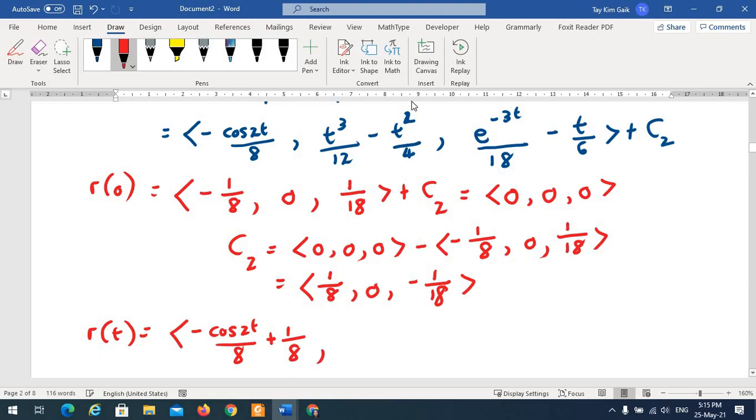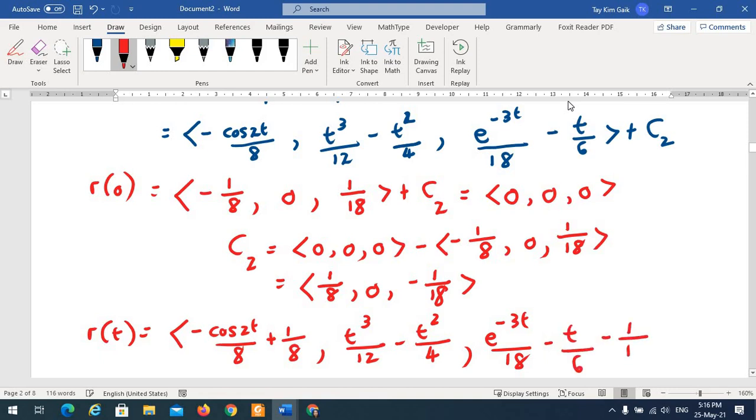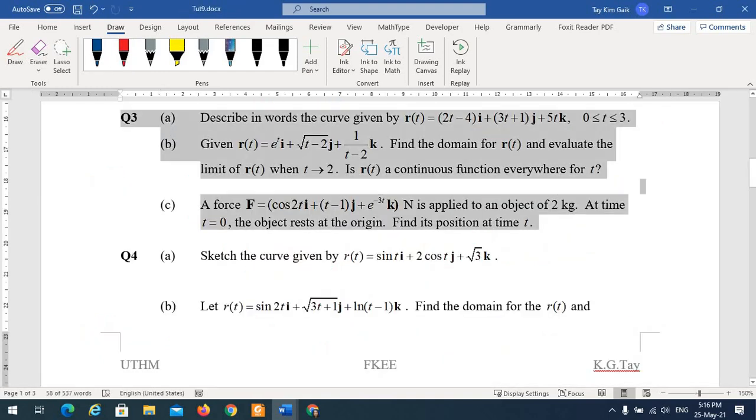Component j, add up with component j in C2, which is 0, so it's t cubed over 12 minus t squared over 4. Component k, add up with component k from C2, so e to the negative 3t over 18 minus t over 6 minus 1 over 18. So this is a vector, the position vector.